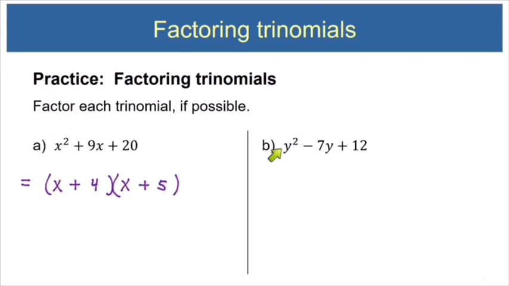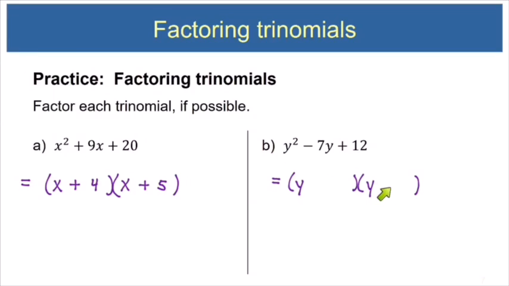Now let's look at part B. Here we have y squared minus 7y plus 12. This is a trinomial. So what I'm trying to do is factor it into two binomials. So I'll go ahead and put down two empty pairs of parentheses. Now first times first has made y squared. So I know that what goes here and here has to be y times y.